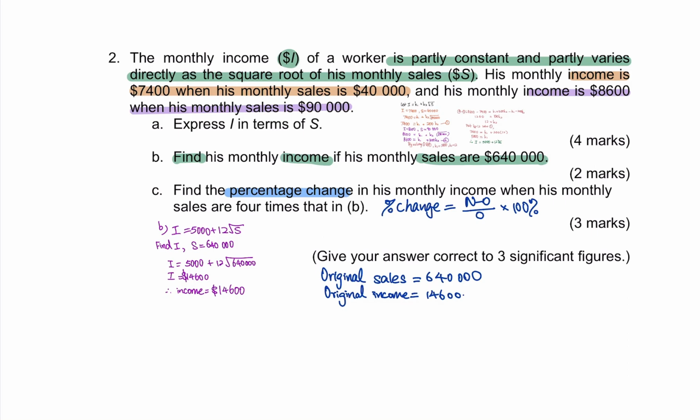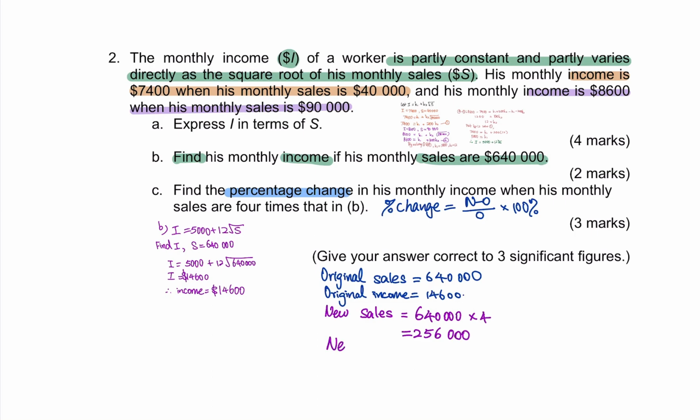Okay, cool. And then now we have the new sales, right? New sales will be 4 times the original. So original was that. Now you times 4 it. And when you times 4 it, you get the answer as this.